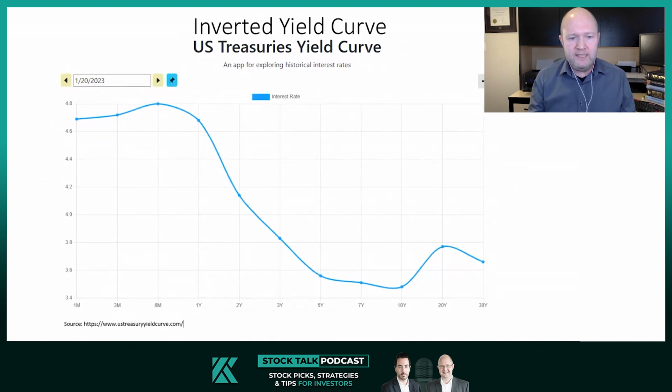So if you look, and these are for US Treasuries, the 6 month yield is about 4.8% compared to the 30-year yield, which is about 3.65%, say, right? So you're actually getting a premium on the short term bond relative to the long term bond.